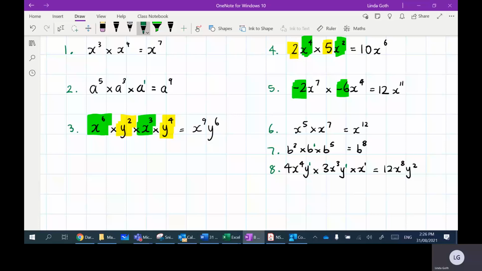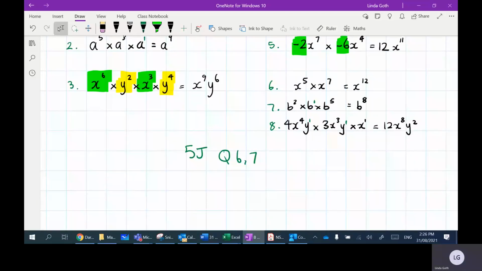Okay, once you've done that, you're ready for exercise 5J, questions 6 and 7. However, if you're thinking of doing the extension work, because you've done this before or this is fairly straightforward, don't do all of questions 6 and 7.